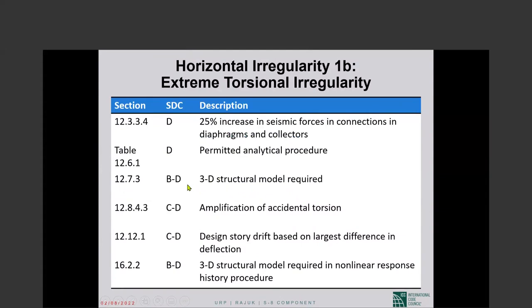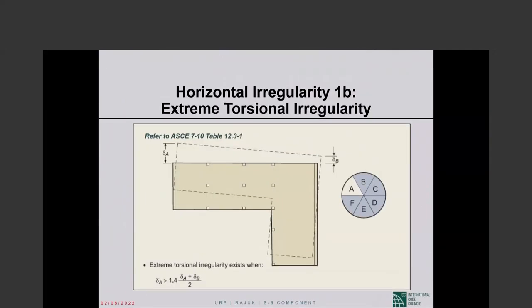And that should be kind of intuitive. Amplification of accidental torsion, we talked about. Design story drift based on largest difference in deflection along the edges, that we just talked about. The last item says that even when you do nonlinear time history analysis, you will have to do 3D. The 2D will not be sufficient anymore.